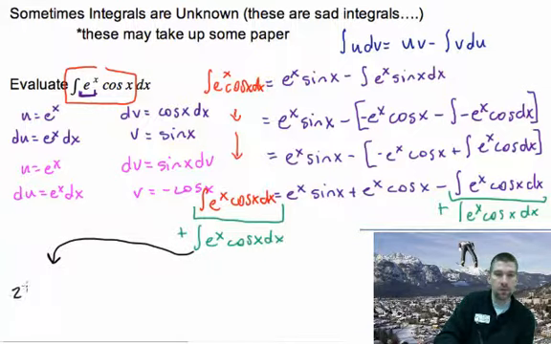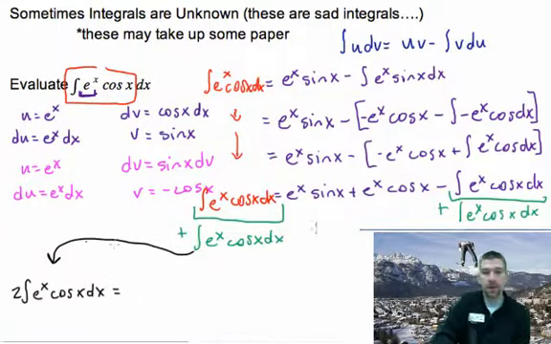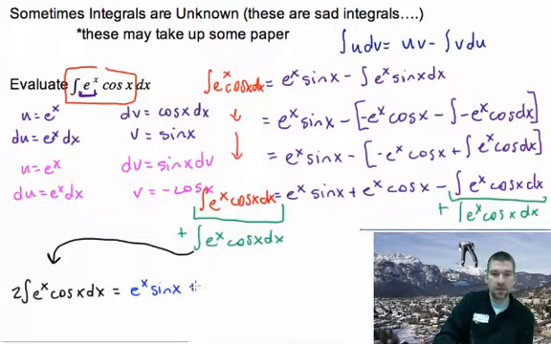We get 2 times the integral of e to the x cosine x dx equals, and then on the other side, we've got e to the x sine x plus e to the x cosine x.